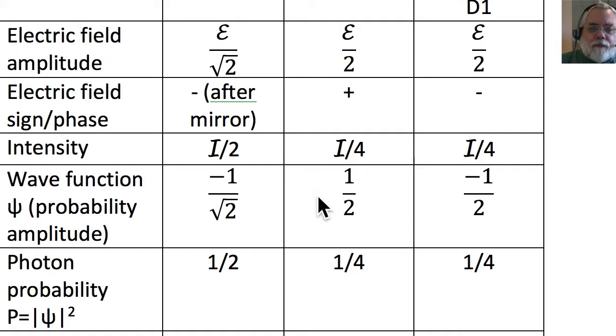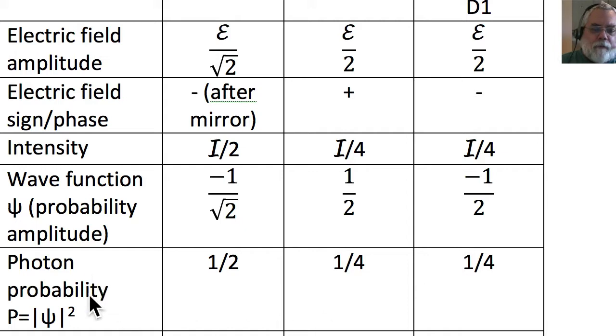The reflection that sends the beam to the top detector D0 inverts the phase. So we get minus turning into plus, and 1 over square root of 2 turning into 1 over 2. On the path to the bottom detector, D1, the phase does not change in that transition. So we get a wave function of minus 1 over 2.